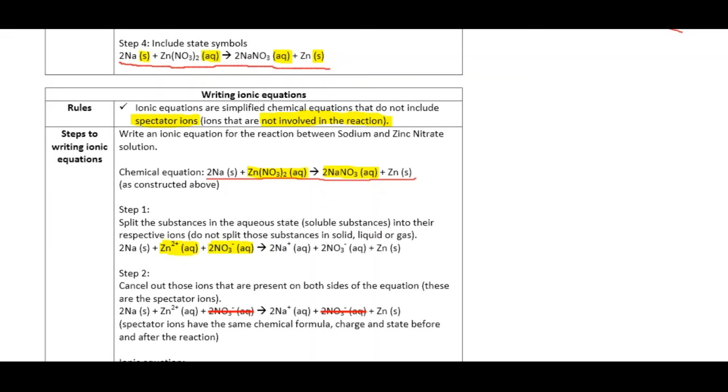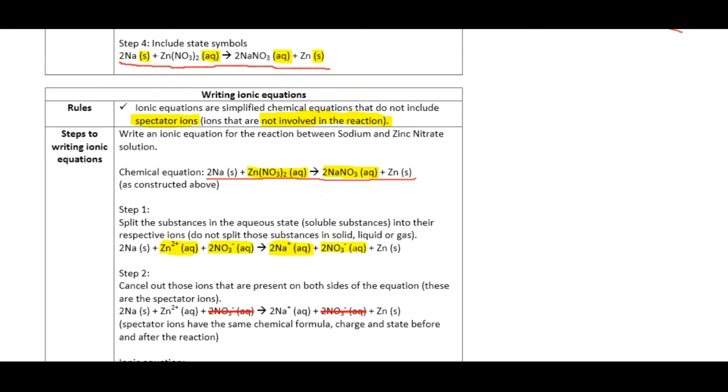And for NaNO3, because it's also aqueous, we also have to split it into its respective ions. So there's 2Na plus, and there's also 2NO3 minus.